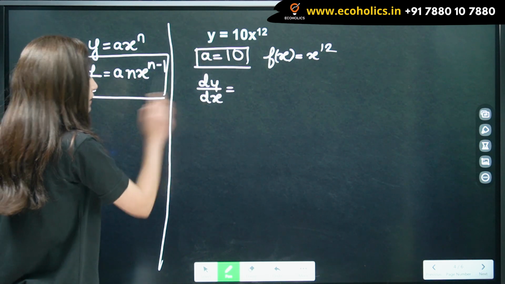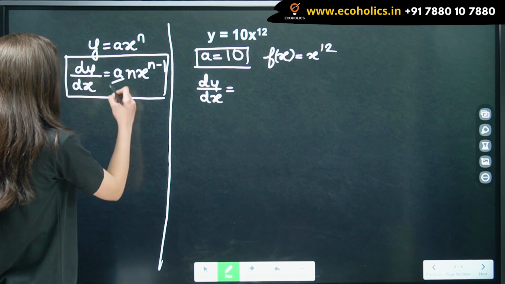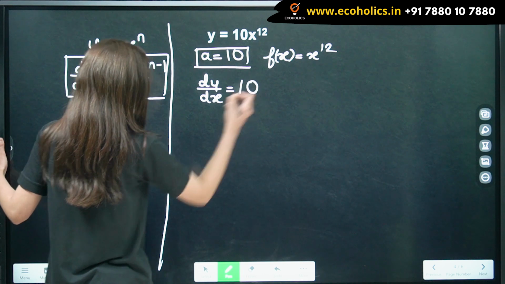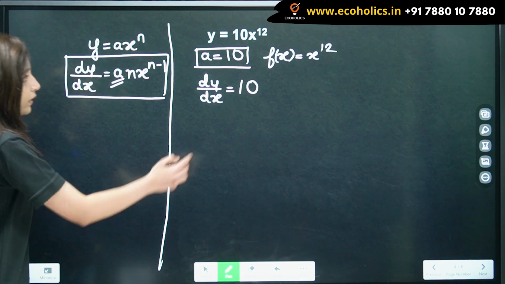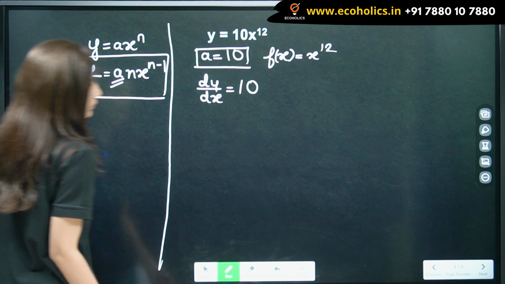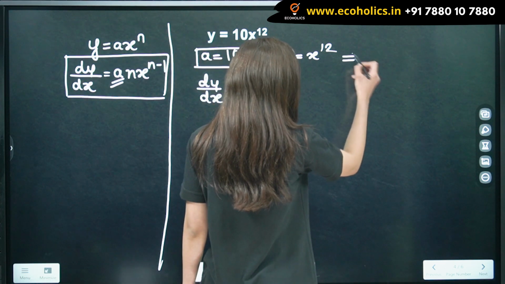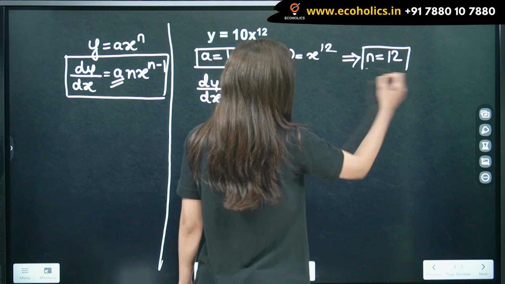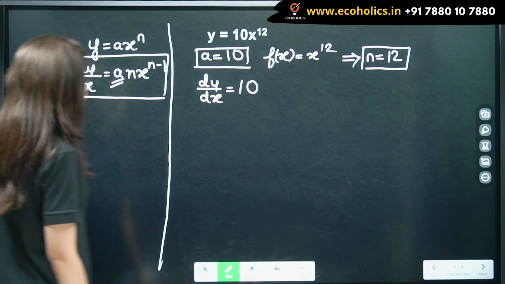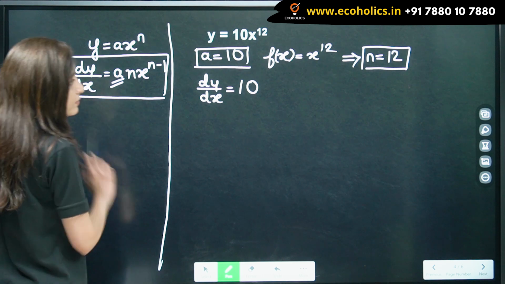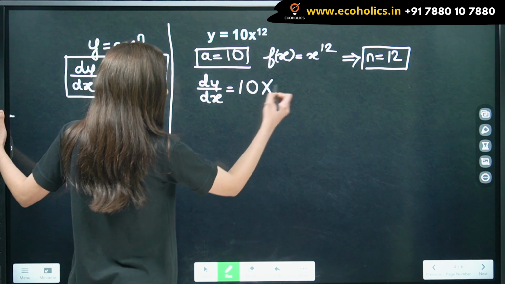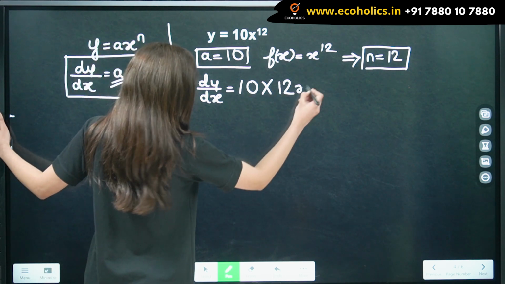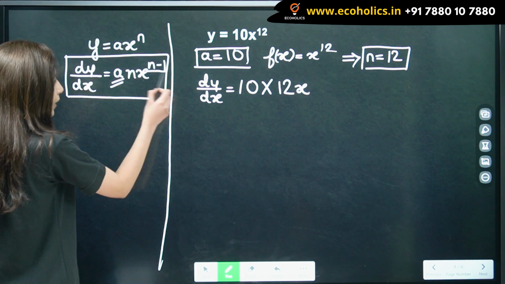Using this formula, we are going to find this term. Now, dy by dx is equal to a, and a in this case is 10. Now, n in this case is 12. So, n is equal to 12, multiplied by 12 x raised to n minus 1.